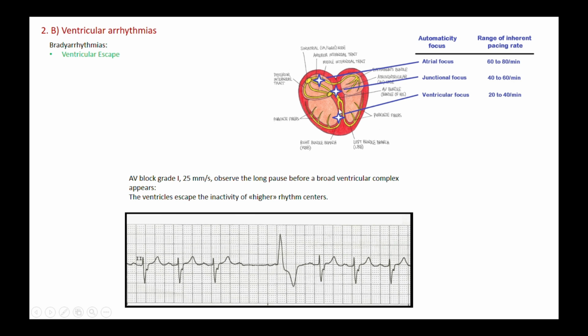So what happens here is that, say you have an AV block grade 3, not present on this ECG strip here, but let's say you have it and there's no signal coming down from the upper rhythm centers. A group of myocardiocytes eventually in the ventricles will, as all cardiomyocytes do, depolarize by themselves.